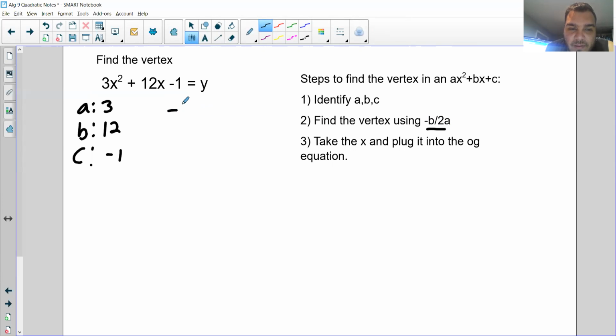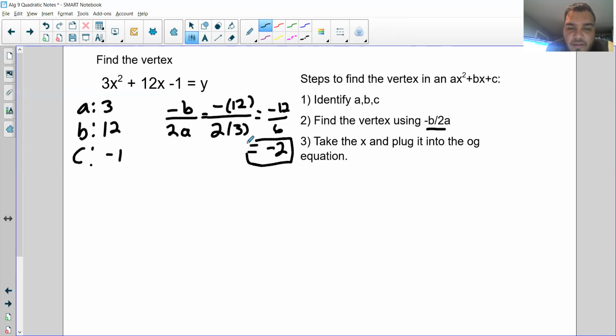My bad. So negative b over 2a, negative 12 over 2 times 3. I didn't plan to be -2 again, but whatever. Negative 12 divided by 6, -2. Mistakes happen.